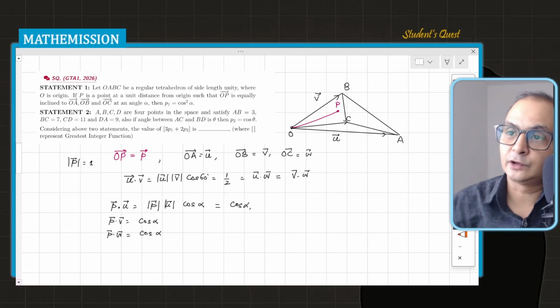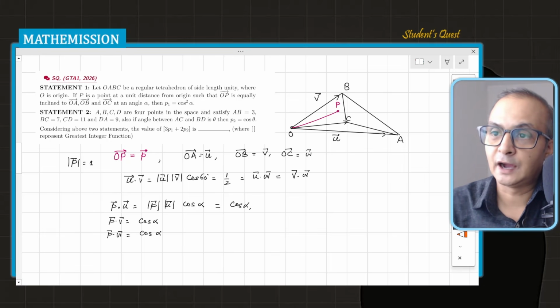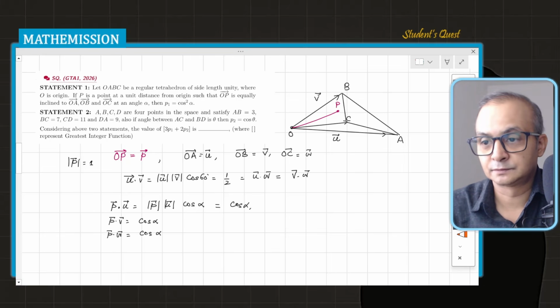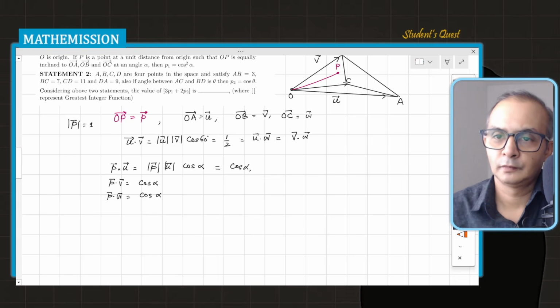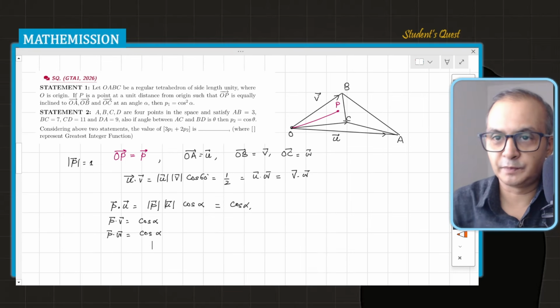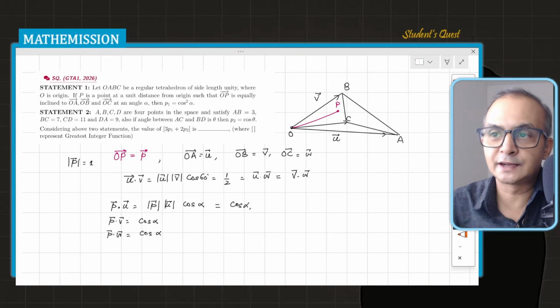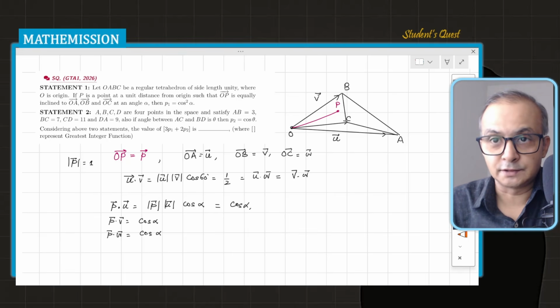So what we can think, how can we write the OP vector? We can see that the OP vector, or the P vector, what you have assumed, is equally inclined to U, V, W. And the U, V, W vectors, like OA, OB and OC, are in fact non-coplanar vectors.